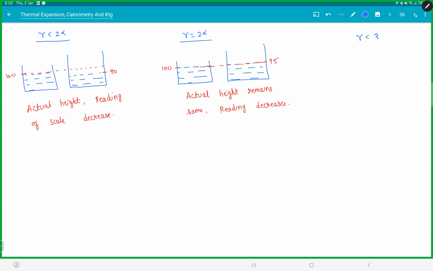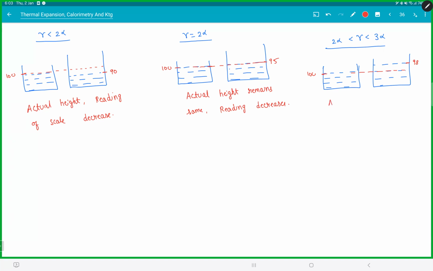Let's say gamma is between 2 alpha and 3 alpha. Initially it was 100. The actual height increased, but the reading is still showing 98 or something.